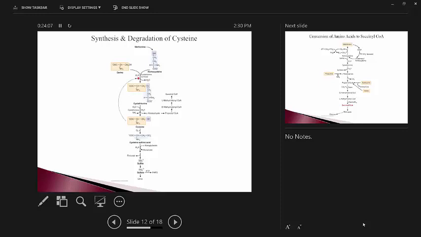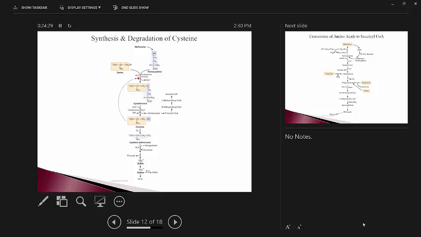And now there's also a deficiency of this enzyme, cystathionase, which makes cysteine and alpha-ketobutyrate. The real problem then is that we end up excreting cystathionine as well. So that disease is called cystathionuria, okay? And that's the other deficiency disease, okay?